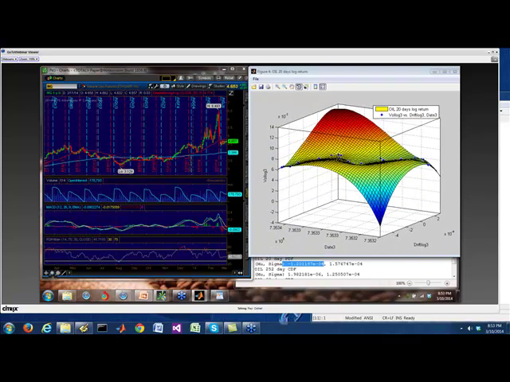As a technical trader, I like the 50 period and the 200 period moving averages, simple moving averages. The MACD just to get direction, and the RSI to get strength.